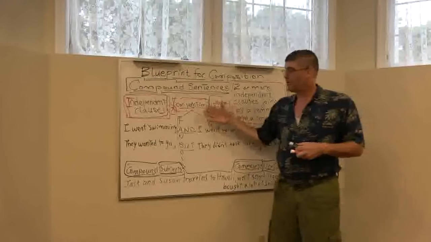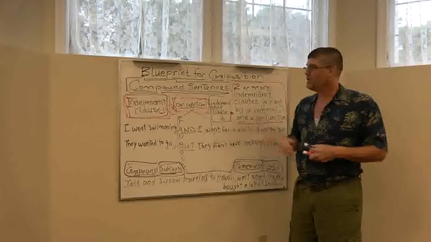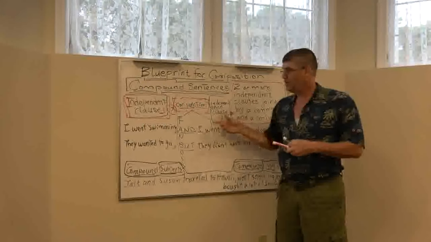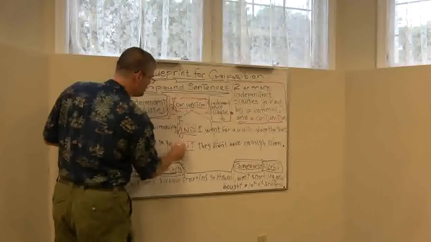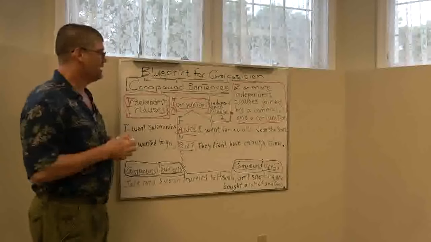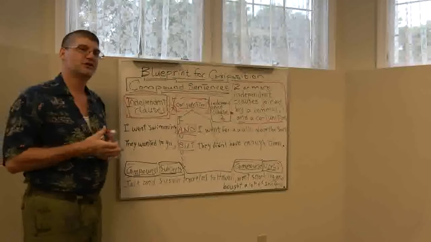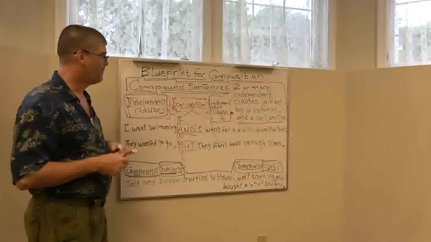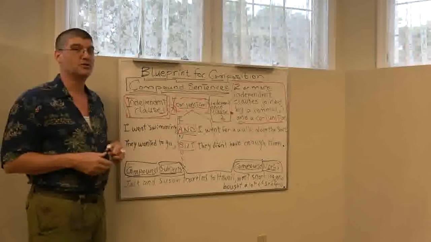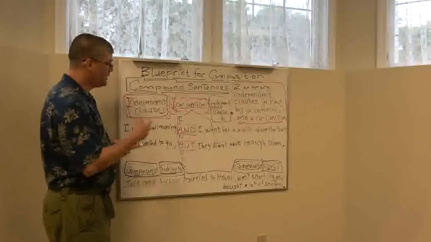So, I'm going to fill in the rest of the conjunctions here as we go. I used 2 examples already with the conjunction and and the conjunction but. And again, these are common conjunctions, and you will see them in compound sentences most likely. There are other conjunctions, however, that can be used to join clauses. So let's fill them in.